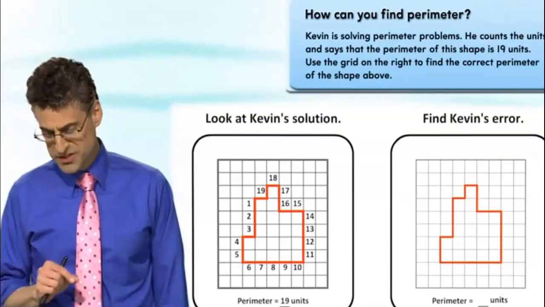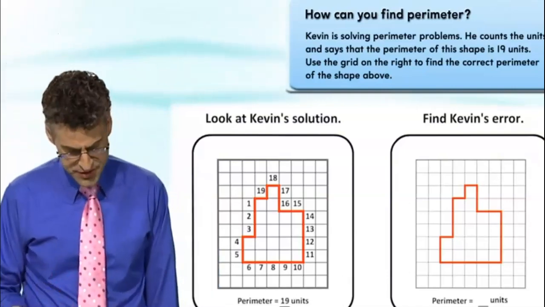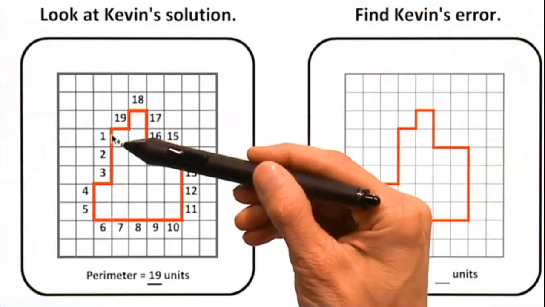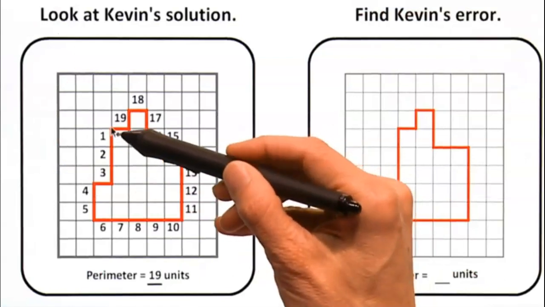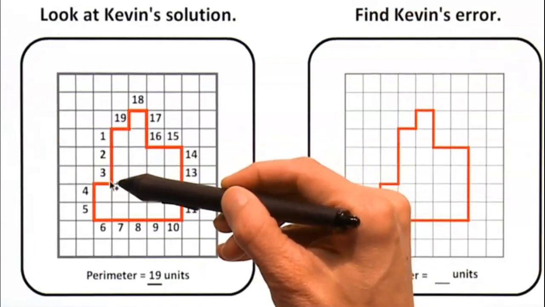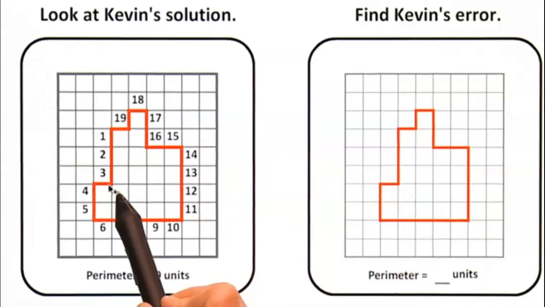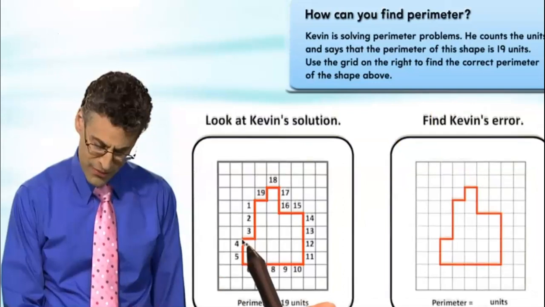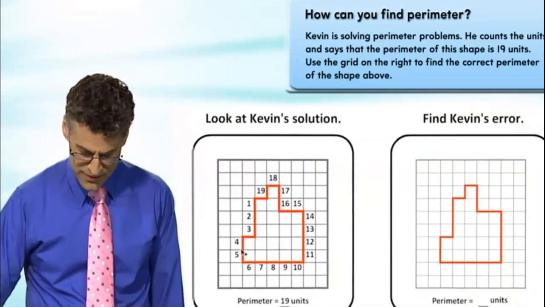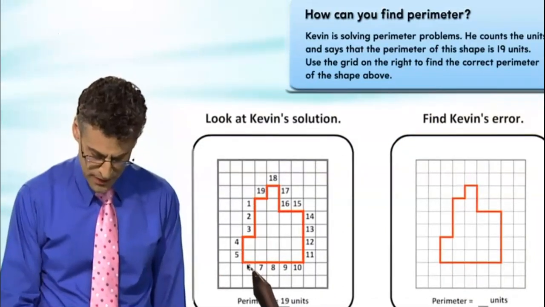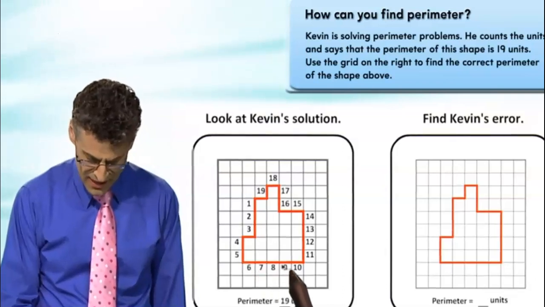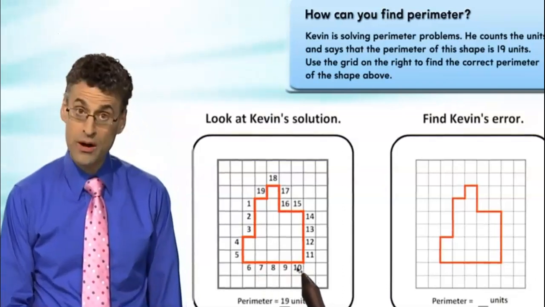Now, if we look really closely, we'll see that actually there were some errors here, because check it out. If each one of these represents 1 unit, as it does, then we notice we have 1, 2, 3 units here, but then we move over here. So that's actually 4, and then we have 5 and 6, and then 7 and 8 and 9 and 10, 11. You see how we're off by 1?